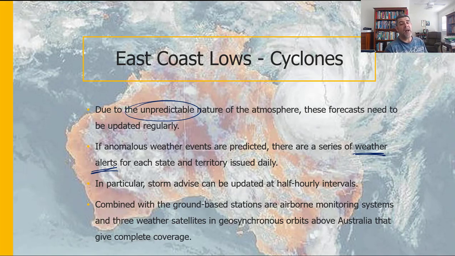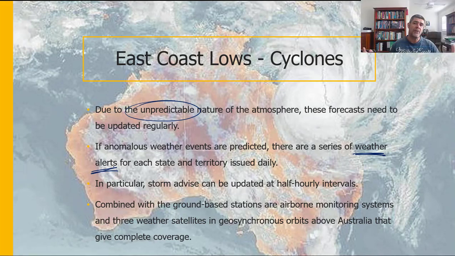Storm advice can be updated at half-hourly intervals. So when we know that there's a severe storm that's building, we can track its path, we can see where it's coming. And I'm sure you've looked at those rain radars from things like the Bureau of Meteorology to see how clouds and rainfall have moved over certain periods of time, and they seem to get updated on a regular basis.